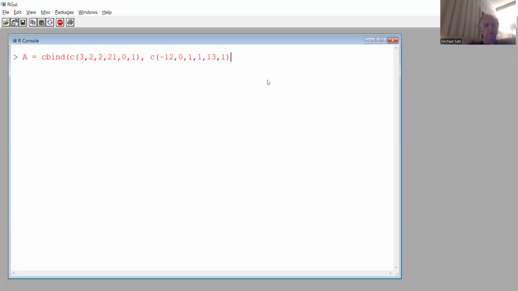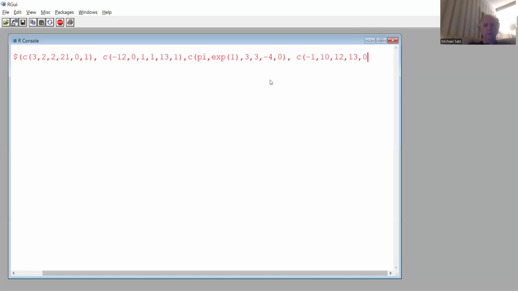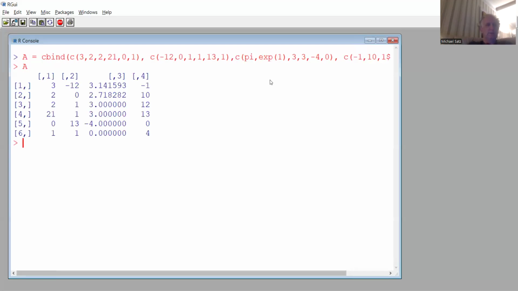You could even have it be like pi and exp(1). You could put whatever you want here. I'm totally randomly just picking things to put in here. You don't have to worry about this. And it worked. So there's A.